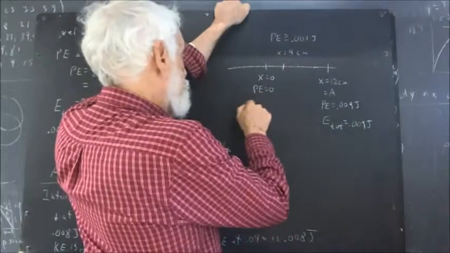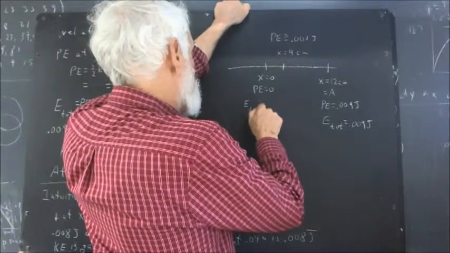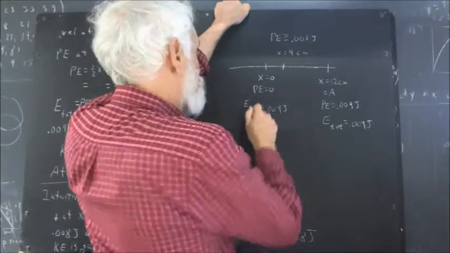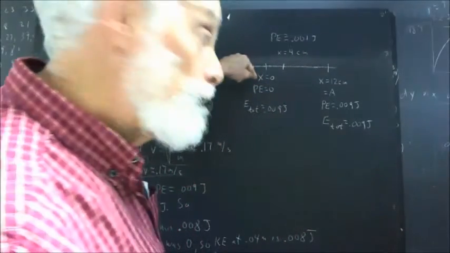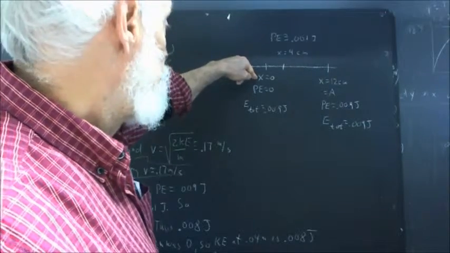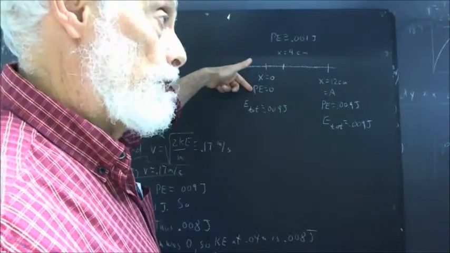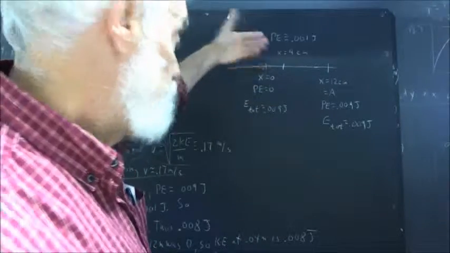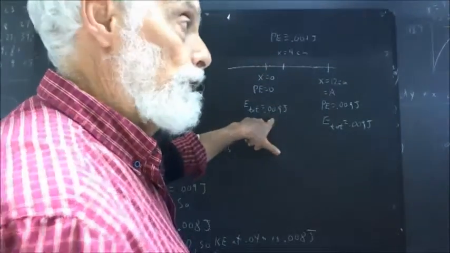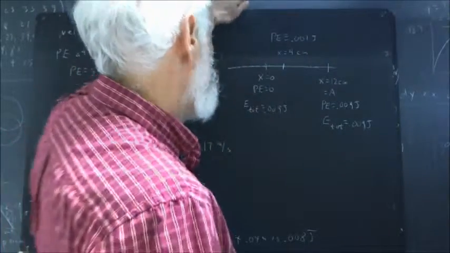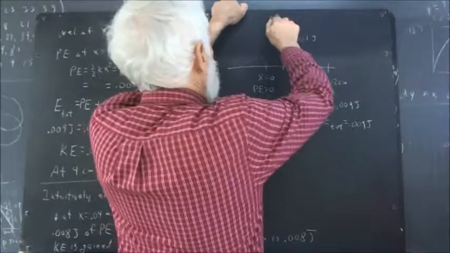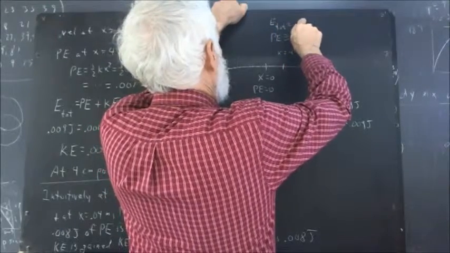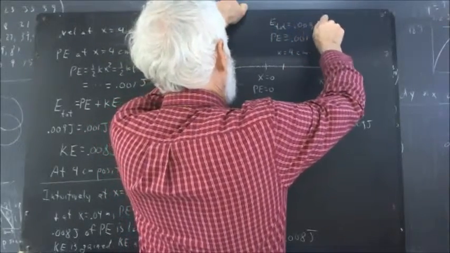The energy total here is 0.009 joules, and we used this to calculate the velocity at this point previously, because the potential energy was 0, all the total energy was kinetic, and we set 1/2 mv squared equal to this. We found the maximum velocity. So what do we know here? Well, we know that the total energy is still 0.009 joules. It doesn't vary.